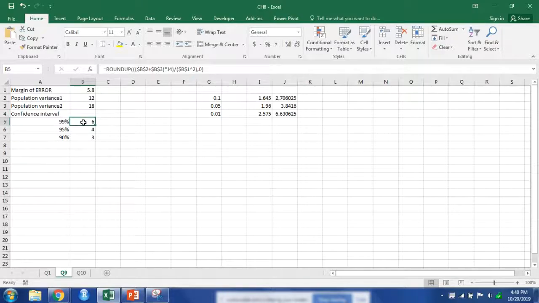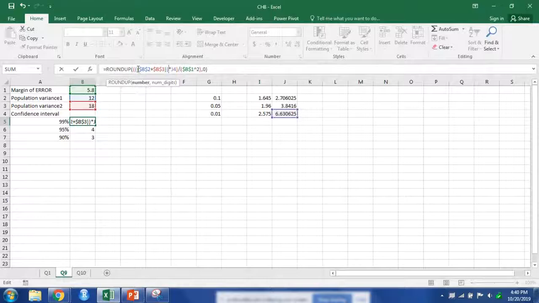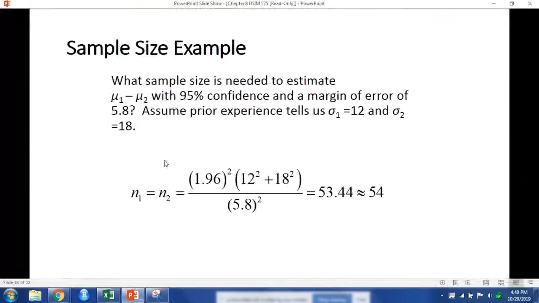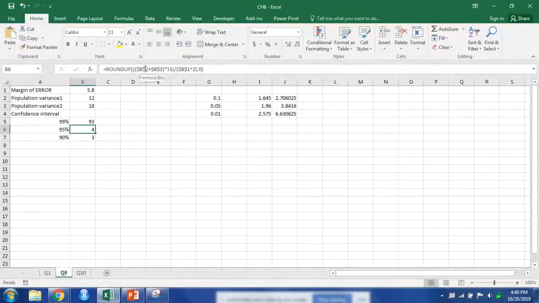Oh, I'm supposed to square those values, sorry. This was at 95% confidence level. So.